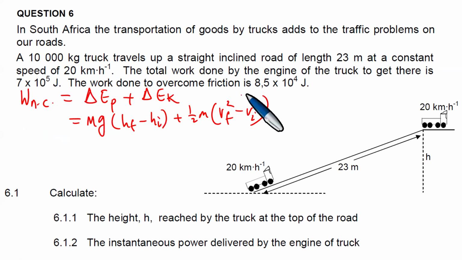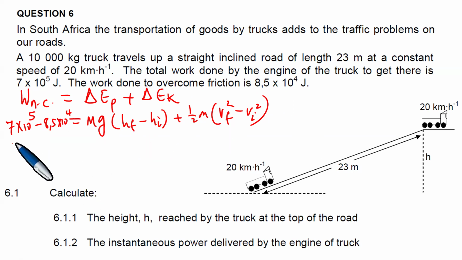They would do the kind of work associated with the engine and also the friction. So we have 7 times 10 to the 5th power, which is the largest work done, minus the smaller one, which is 8,5 times 10 to the 4th power. And now it is equal to this here.